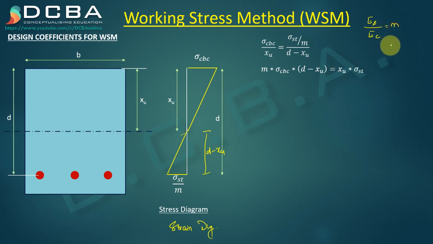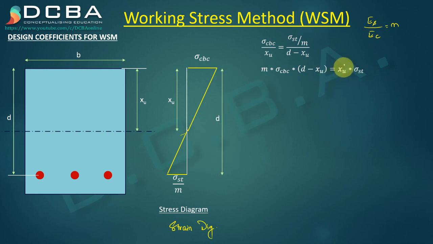We have already studied that modular ratio is Es by Ec, and that m is 280 by 3 sigma cbc, but that formula is only to be used for WSM. But if you are deriving using strain diagram, you have to use Es by Ec as m. Fine.